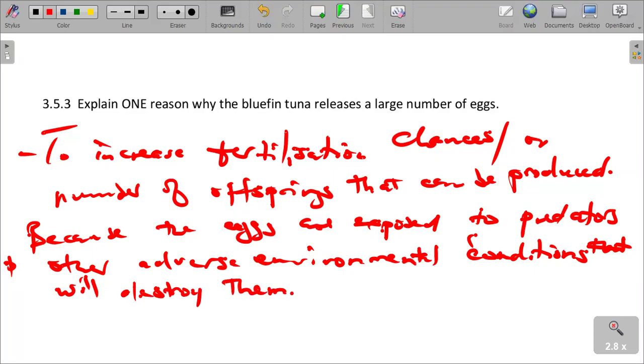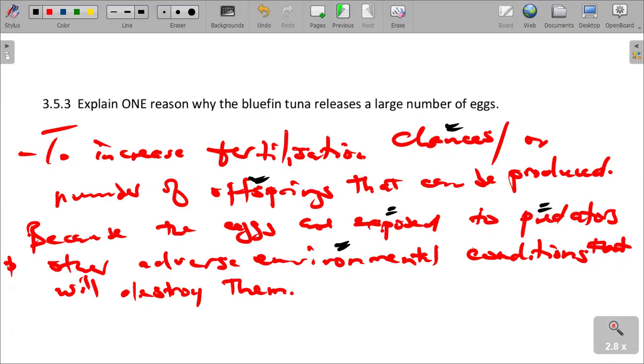So many eggs must be produced because some of them might be destroyed. Many eggs must be produced in order to increase the chance of fertilization and the number of offspring that can be produced.